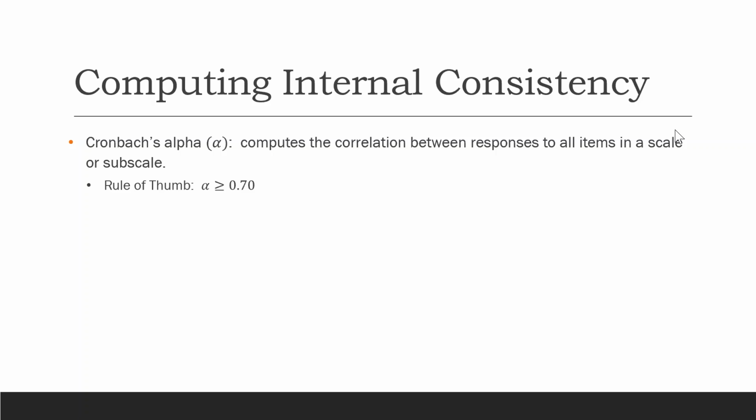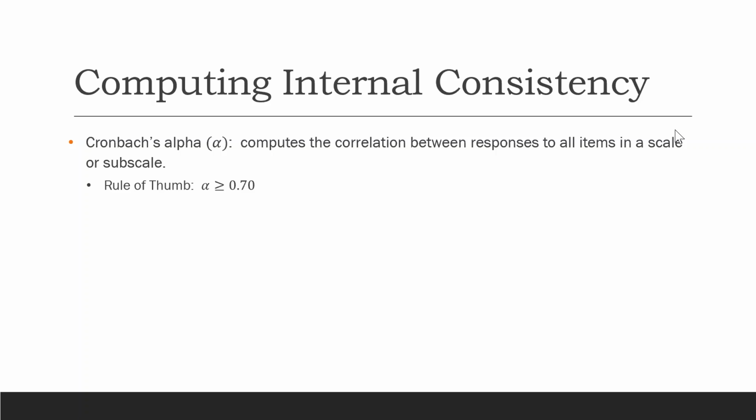One of the most commonly used methods for estimating internal consistency is Cronbach's alpha. That's the Greek symbol you see on the screen for alpha. It computes the correlation between your responses to all items in the scale or a subscale, those items that are supposed to be measuring that single underlying construct.